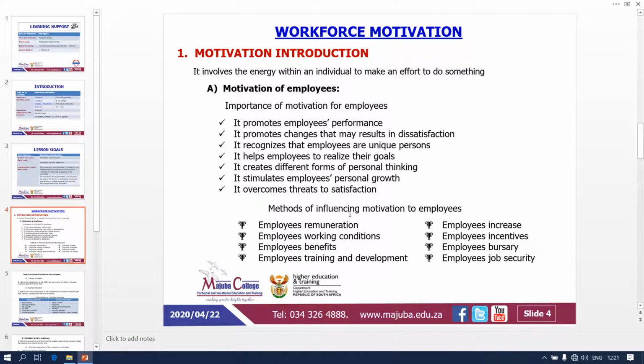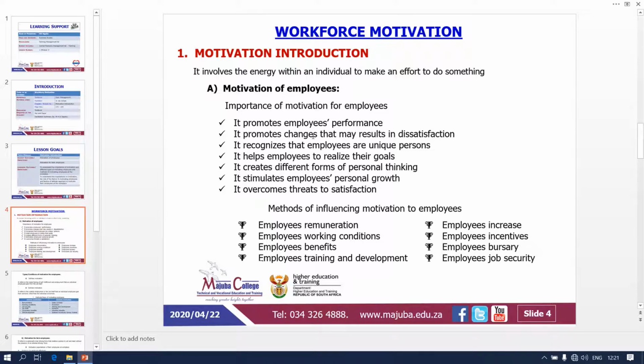Workforce motivation is our module 3. The first one will be motivation introduction. It involves the energy within an individual to make an effort to do something. That is what we call motivation. Let's look at the importance of motivating employees, why it is important. It promotes the employees' performance.